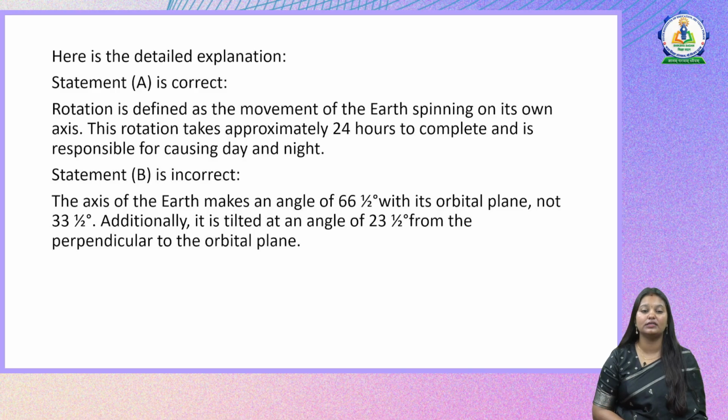When we come to statement 2, the axis of the earth makes an angle of 66.5 degrees with its orbital plane and not 33.5, and additionally it is tilted at an angle of 23.5 from the perpendicular to the orbital plane. You can remember this in order to answer questions about what angle the earth is located at with respect to its orbital plane.